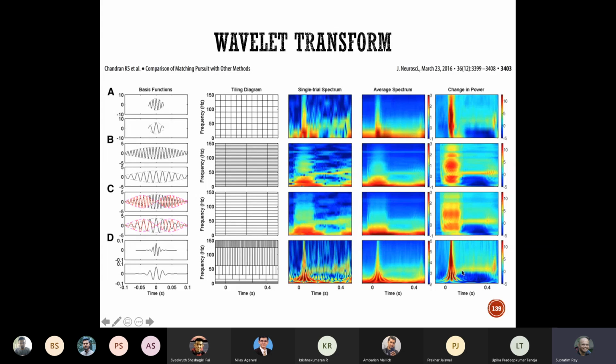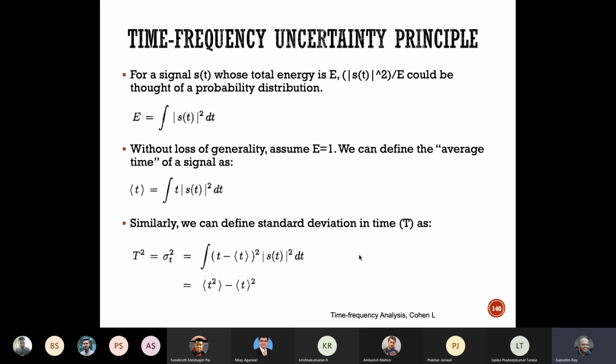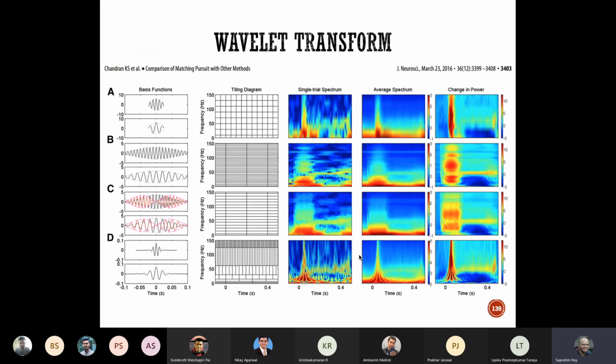So you can see this as well as that. And with a short window, you can either see this, with a long window, you see that, but not both. Okay, so now let's get to this question: how does the shape of the window determine the frequency resolution?